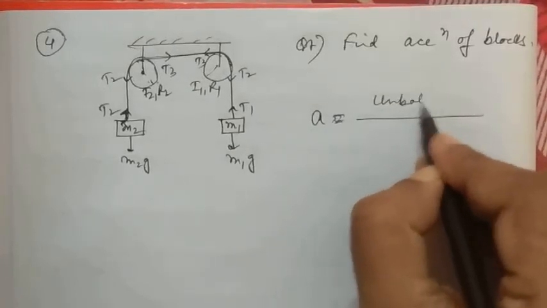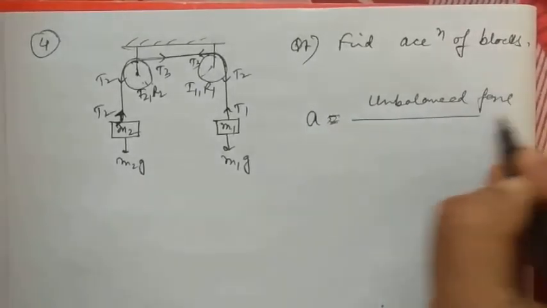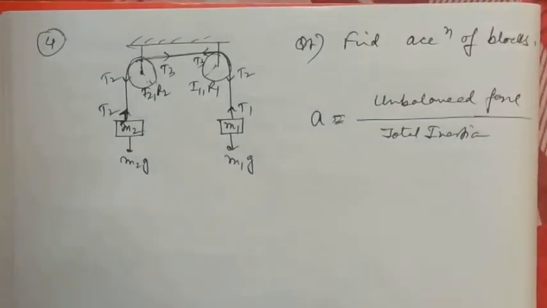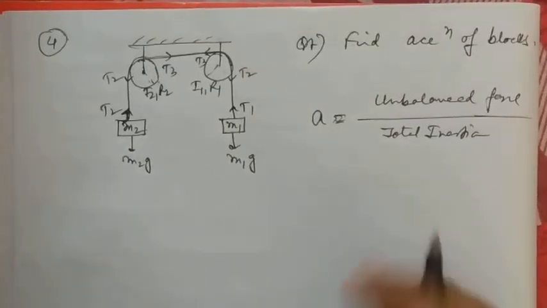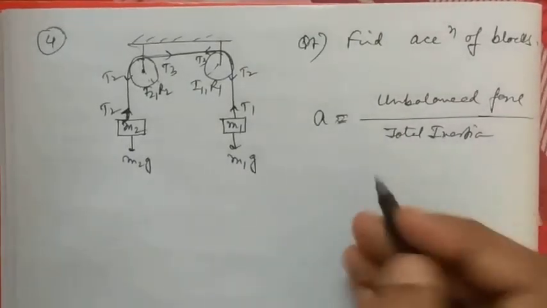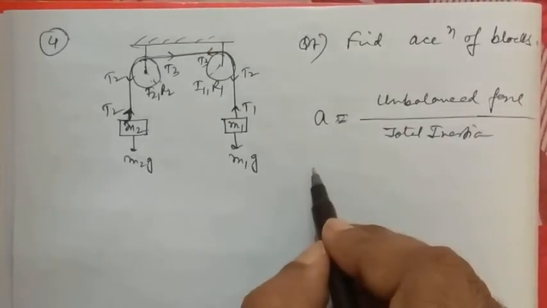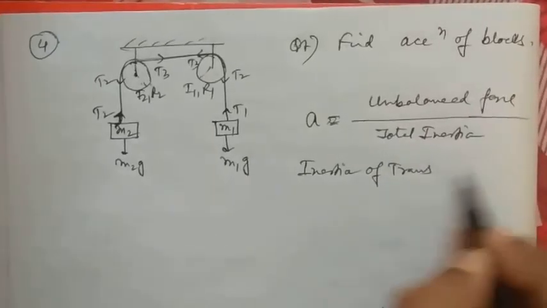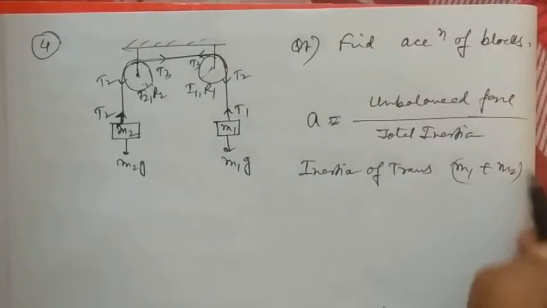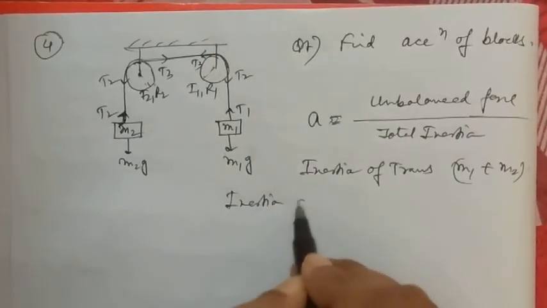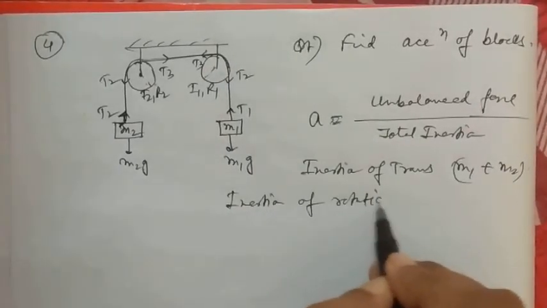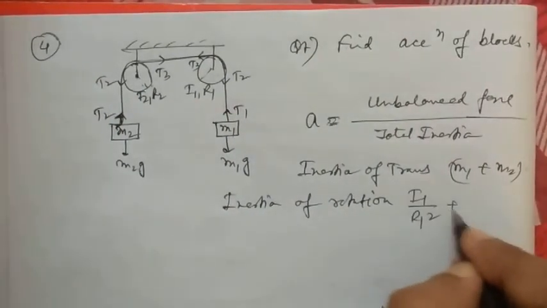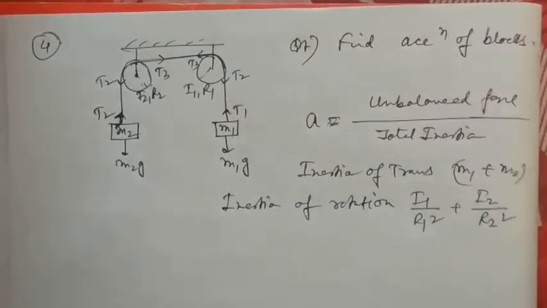We can write acceleration as the unbalanced force divided by the total inertia. The total inertia means translational as well as rotational. The inertia of translation is simply m1 plus m2, and the inertia of rotation is I1 by R1 square plus I2 by R2 square.